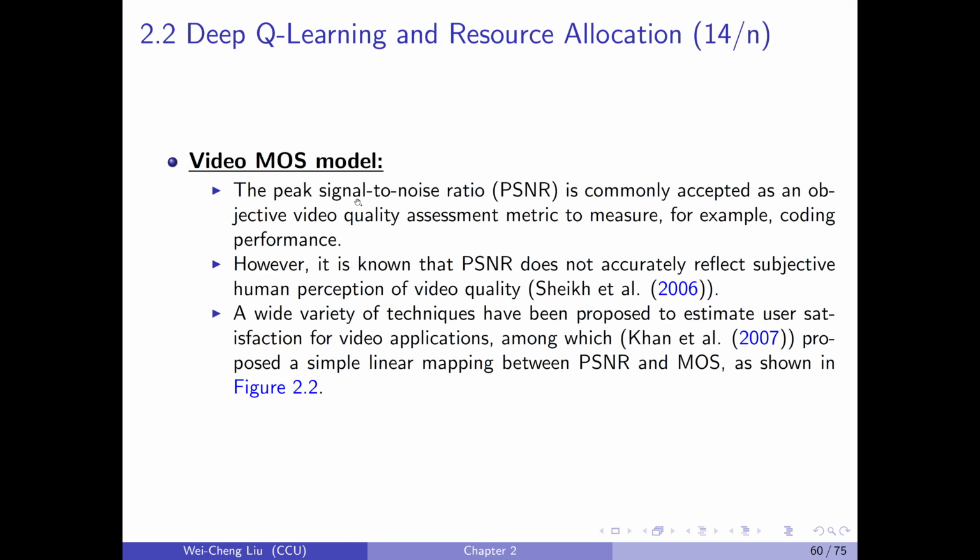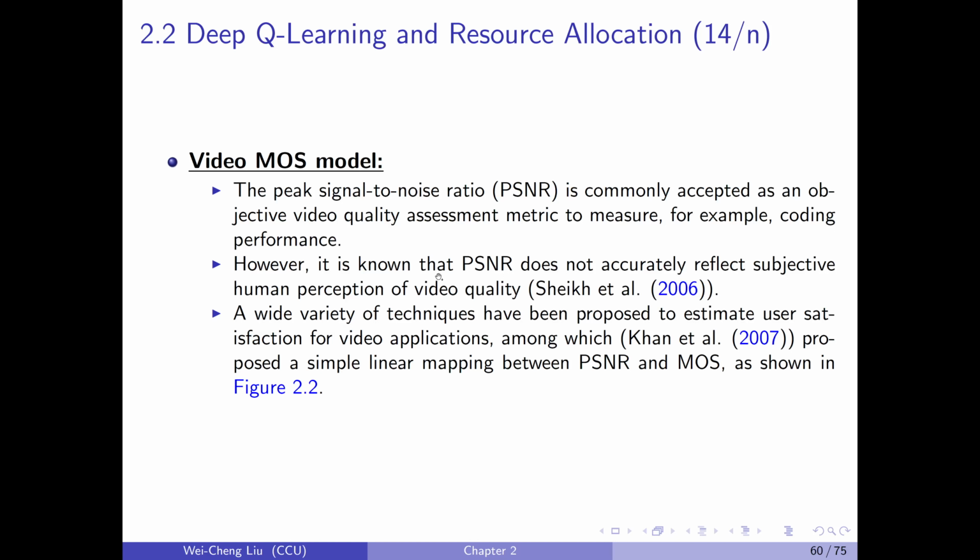Next page. Second, let us look at the video MOS model. The peak signal to noise ratio, PSNR, which is defined as the maximum signal power divided by average noise power, is a ratio commonly accepted as an objective video quality assessment metric to measure, for example, coding performance.